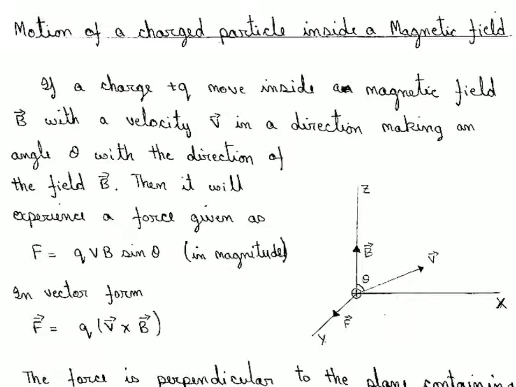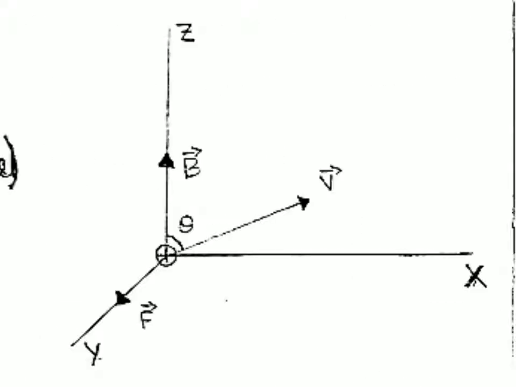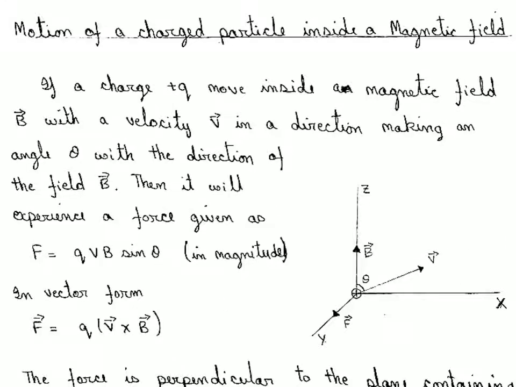Now let us consider a charge q, and this charge q moves inside a magnetic field B with a velocity v in a direction making an angle theta with the direction of the field B. Then this charge inside this magnetic field will experience a force given as F is equal to qvB sine theta.